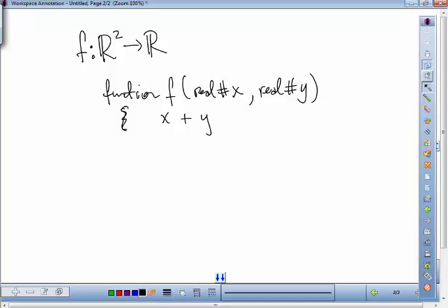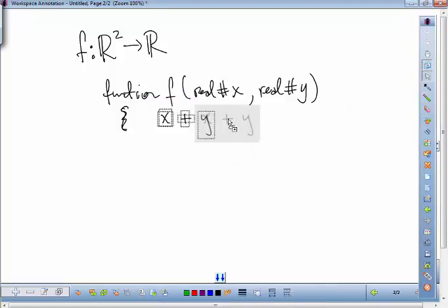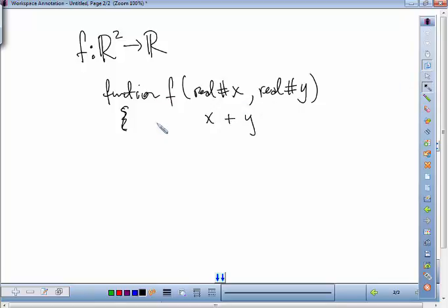Actually, I probably need another variable. Oh, we don't need a temporary variable. Let's just return x plus y, and then close.